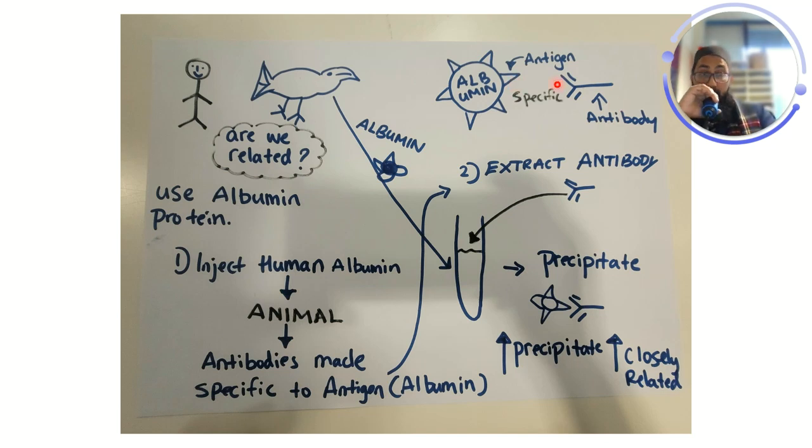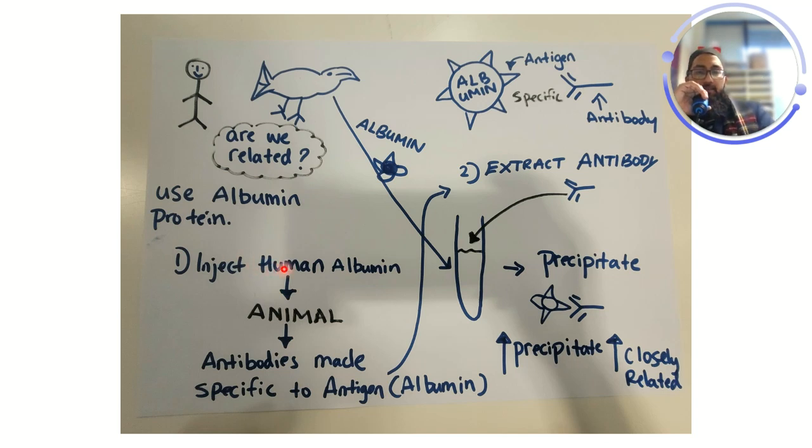The antibody is very specific to this antigen. That's the basic idea before you go and understand this. So first of all, we are going to inject the human... Oh, let me go back. From this person, this is me, I'm going to extract the albumin protein. That's the albumin. It has a unique antigen.